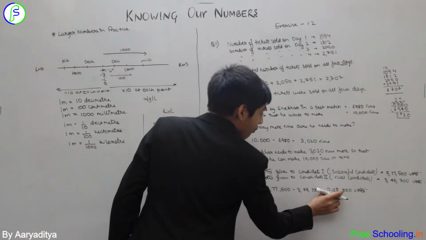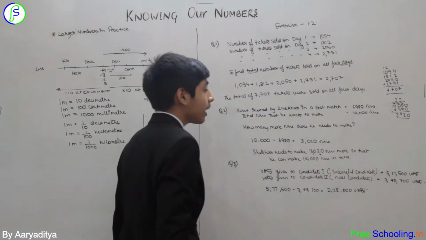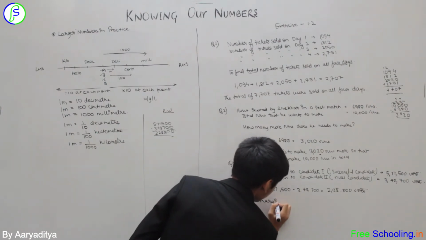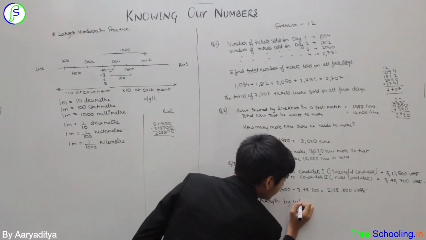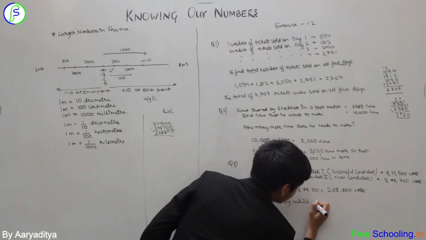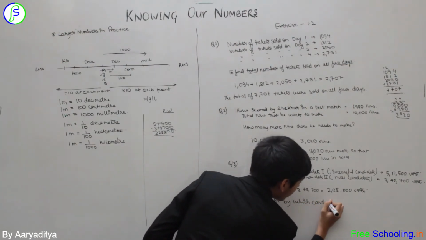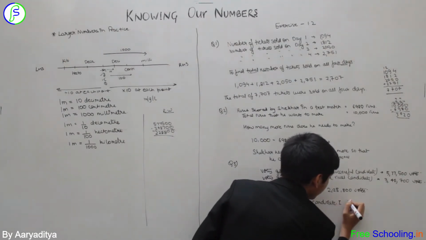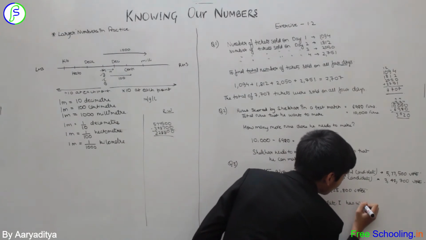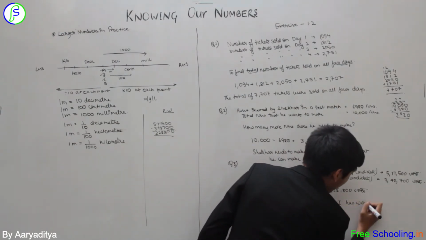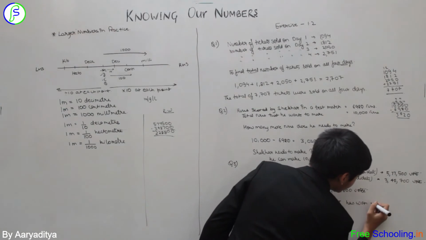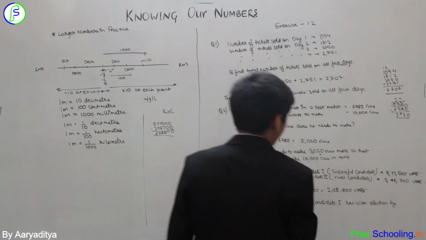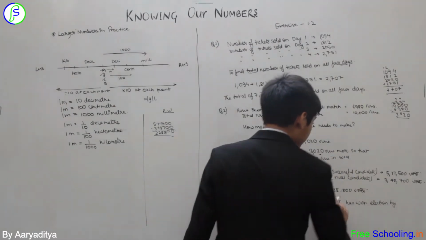So by these many votes, candidate 1 have won the election. So we would be writing margin by which candidate 1 has won election by, and what is the result out here?